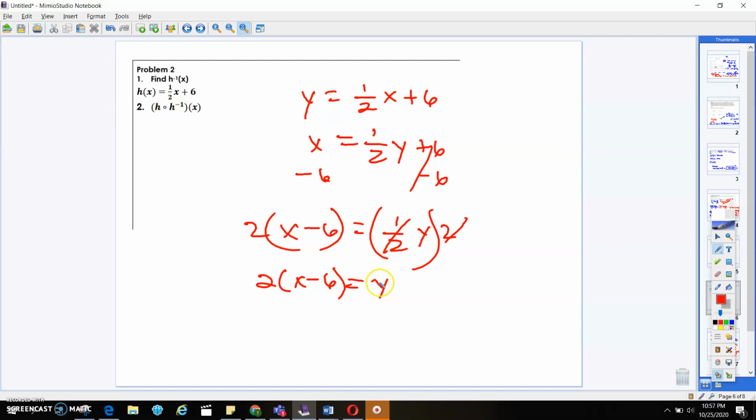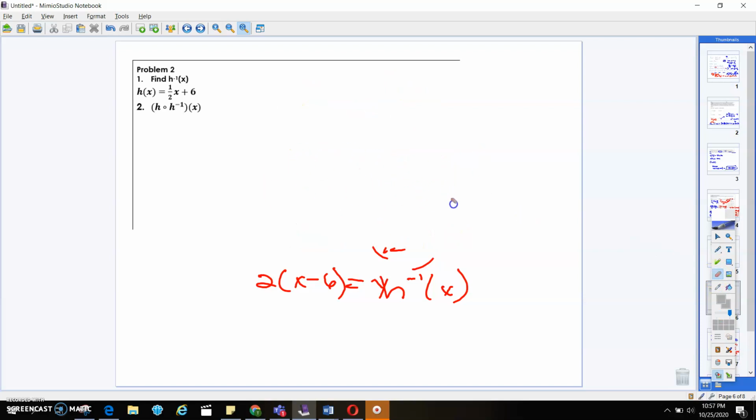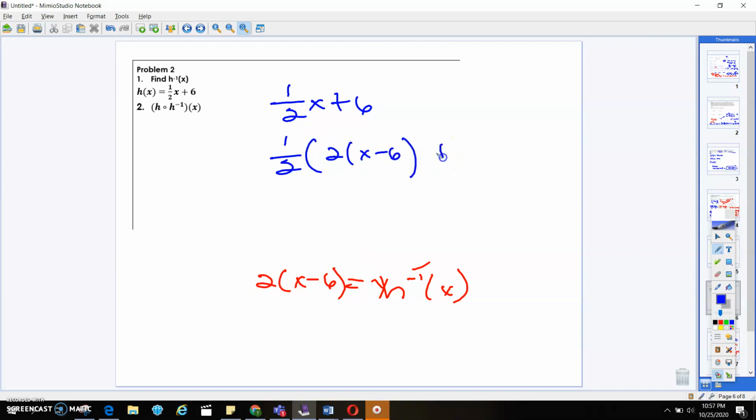Okay, so this is my inverse. And we're going to take the original. Original was 1/2 x plus 6. We're going to take this function and plug it in. So when we multiply, we get x minus 6 plus 6. These will cancel. I get x.